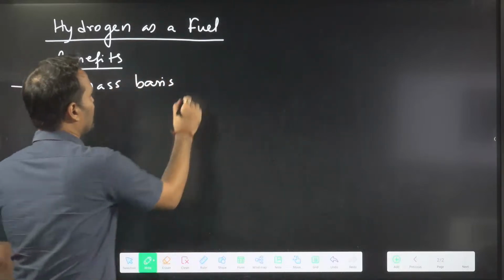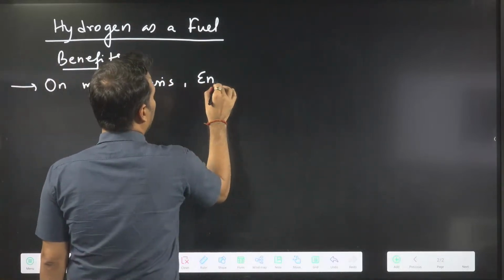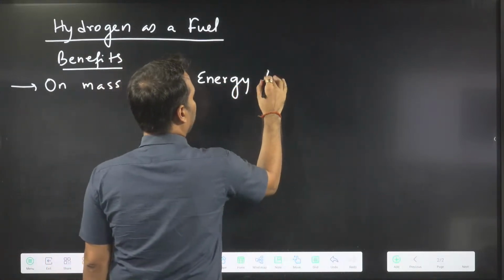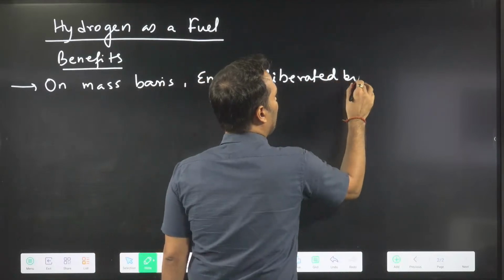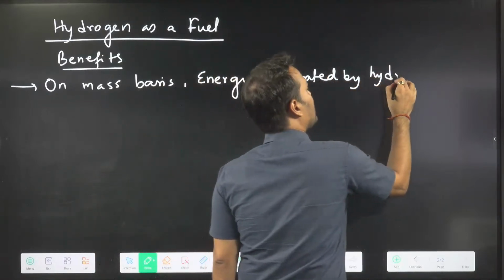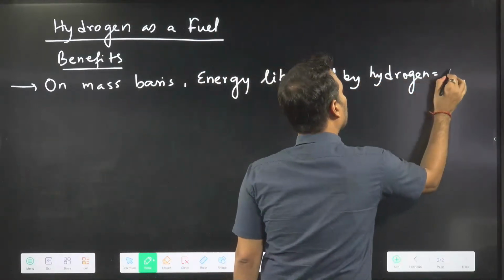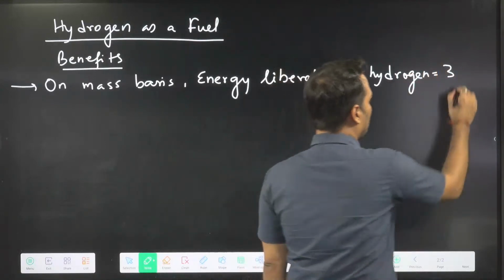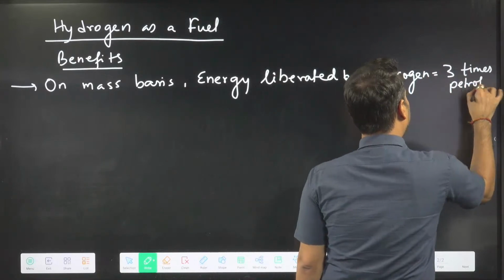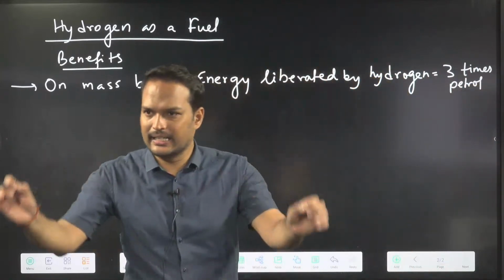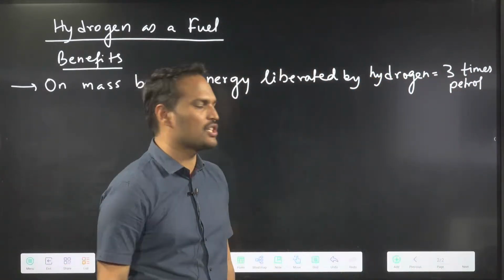On mass basis, they will say that the energy liberated by hydrogen is 3 times that of petrol. Petrol they are writing as octane. The octane data is written in the NCERT table, on the last page.